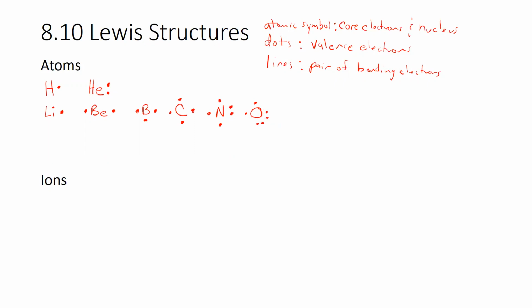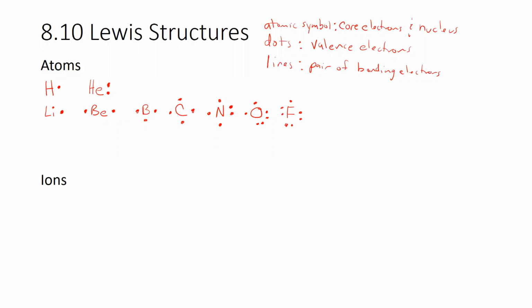Again, you could pair them up on the same side or different side, it doesn't really matter. Lewis structures do not show the actual three-dimensional structure of a molecule or an atom. So then we've got fluorine. Fluorine will have 7 valence electrons: 1, 2, 3, 4, 5, 6, 7.